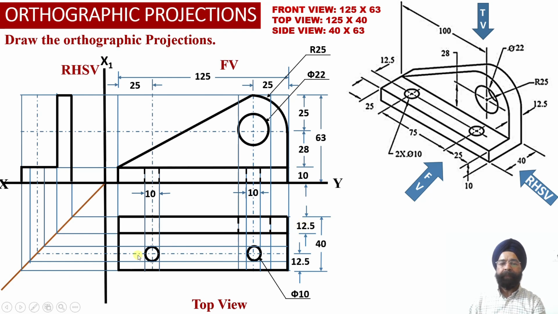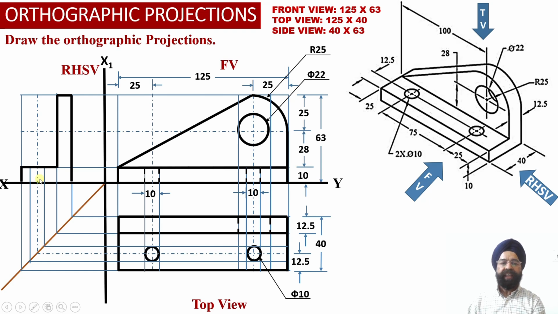So now we know that we have already obtained the location of these two holes into the top view projection, which have diameter equal to 10 millimeter. So from these two extreme diameter points corresponding to these two holes, we have drawn two horizontal projector lines into the top view projections, and we have transferred these two horizontal projector lines corresponding to these two circular holes into element number 1 in the right hand side view projections over here.